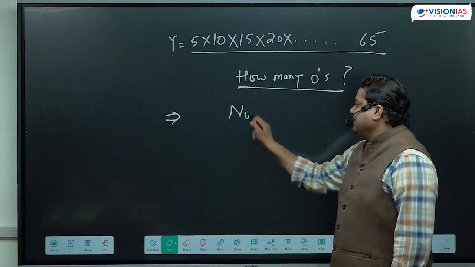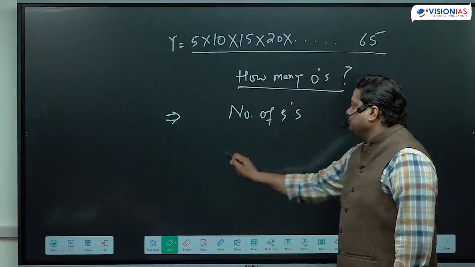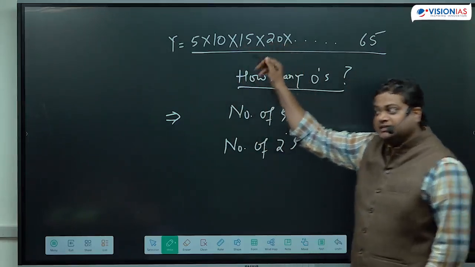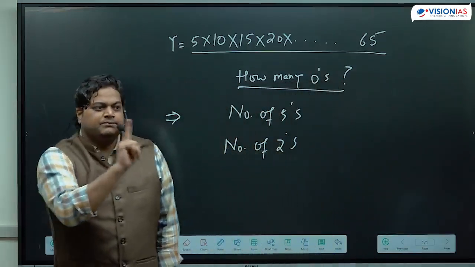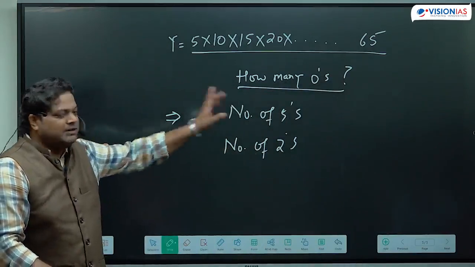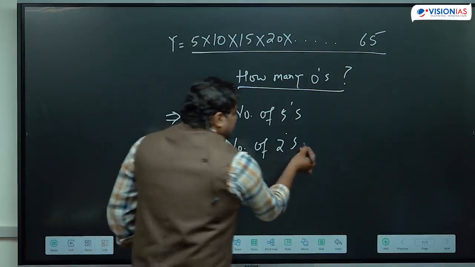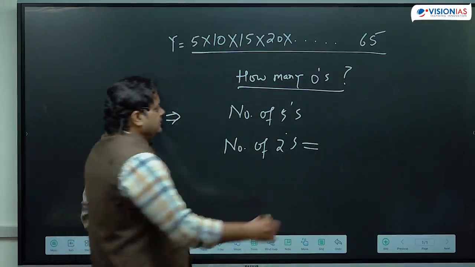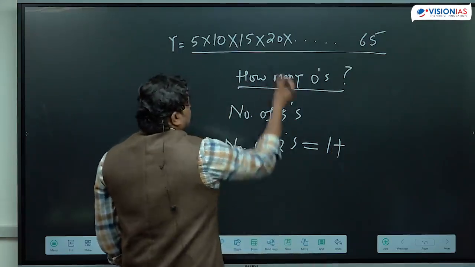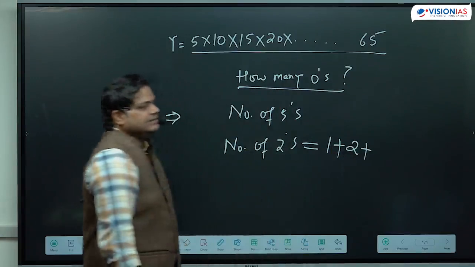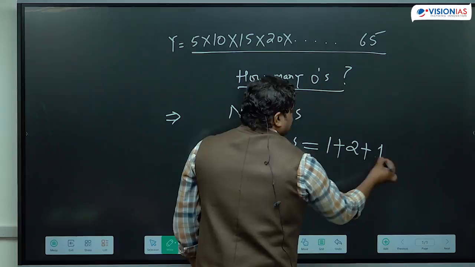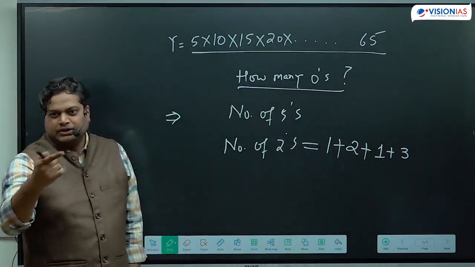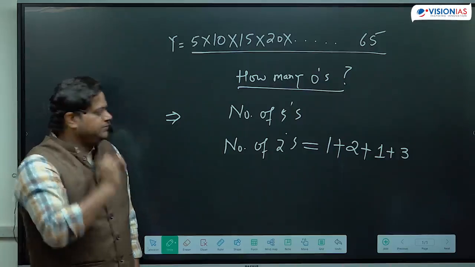So the number of 5s is more and the number of 2s is less, because this is the table of 5, so for each term we can get at least one 5, but for each term we cannot get one 2, that means the number of 2s will be less than the number of 5s, so we can simply calculate the number of 2s. How many are there? The number of 2s: first at 10 there is 1, plus at 20 there are 2, plus at 30 there is 1, then at 40 there are 3, 40 we can write as 8 into 5, and 8 we can write as 2 into 2 into 2, so 3 twos will be there.